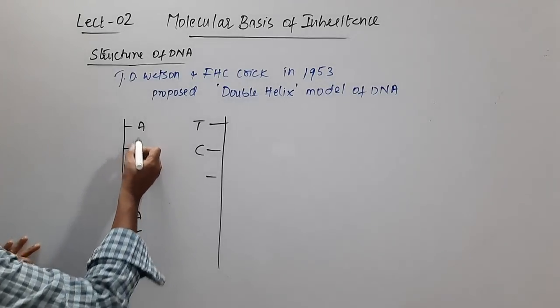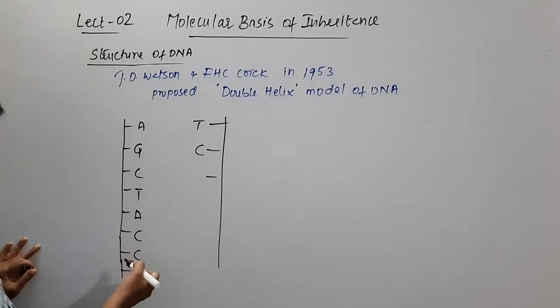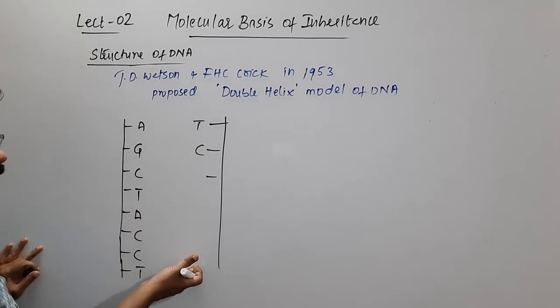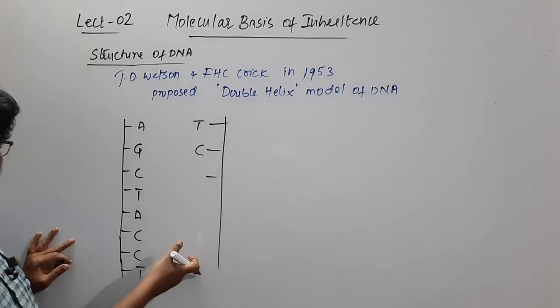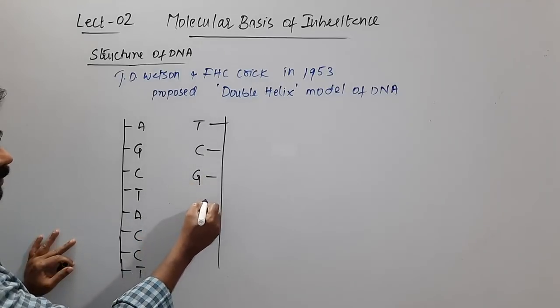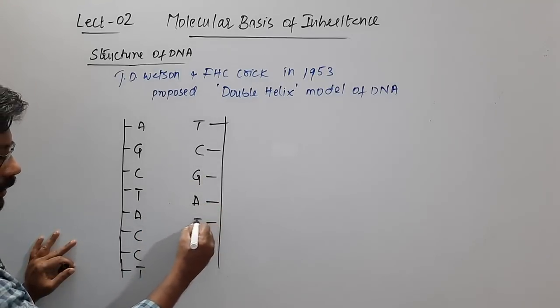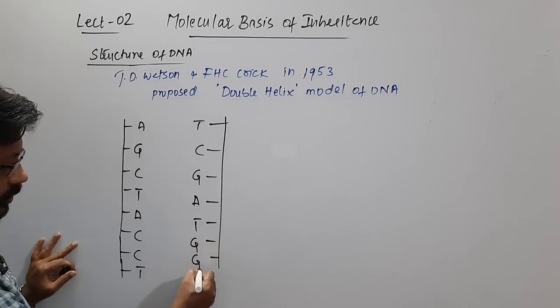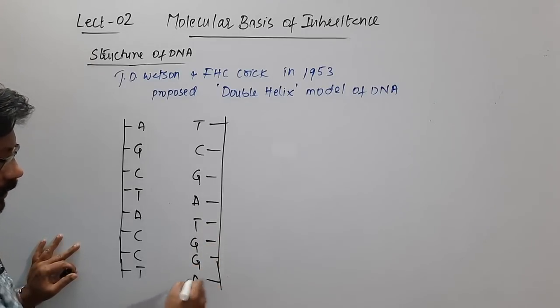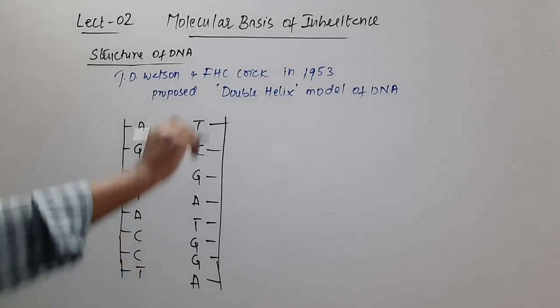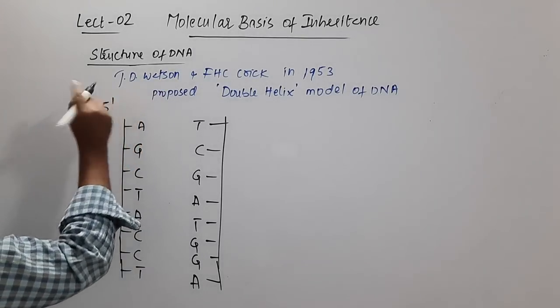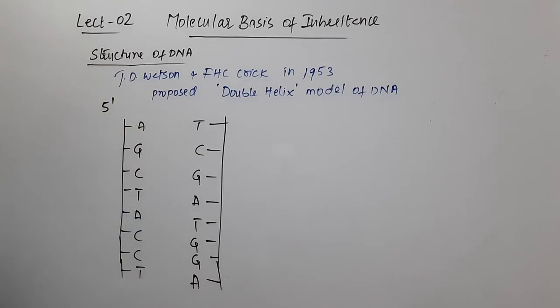So I have already mentioned the nitrogen bases on one strand, so I can come to know what the nitrogen bases on the opposite strand will be. Here it will be G, here A, T, G, G, and this will be A, right? And I told you this will be, say, 5 dash. What is this 5 dash? I'll tell you that in detail. The other end of the same strand will have 3 dash.